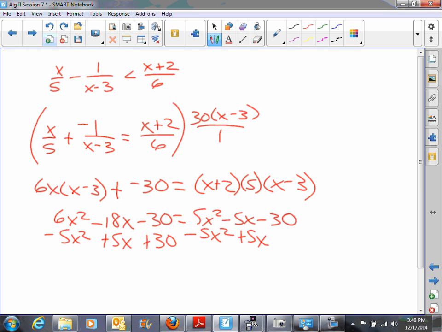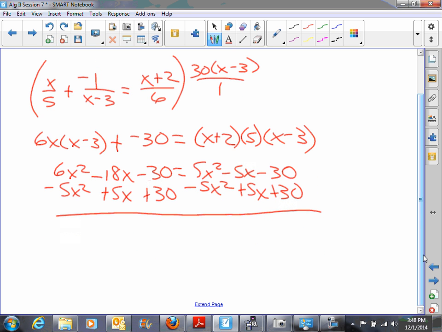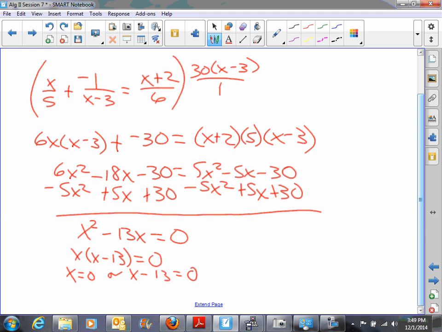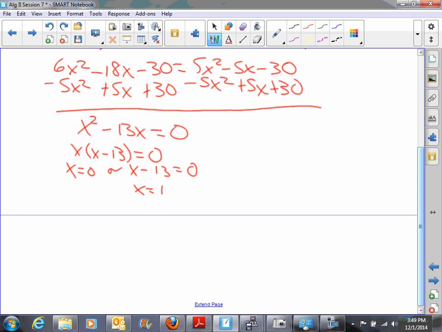That was nice. And so we end up with the quadratic equation x squared minus 13x equals 0. Now this can be solved by x times x minus 13 equals 0. So we get x equals 0 or x minus 13 equals 0, in which case x equals 13.